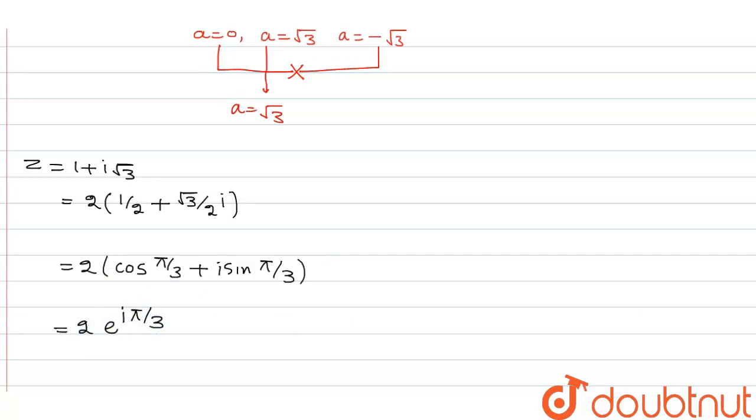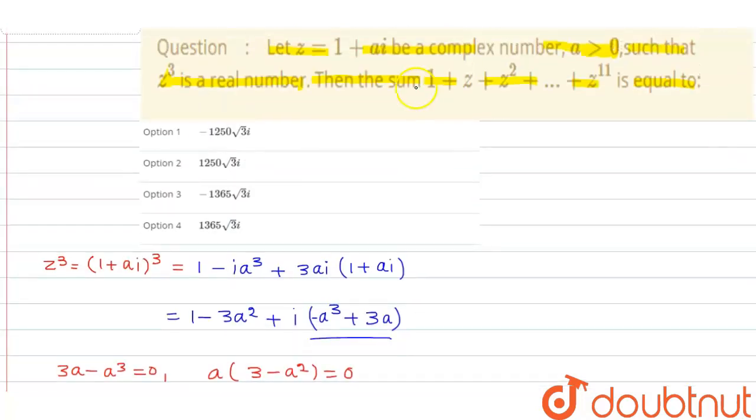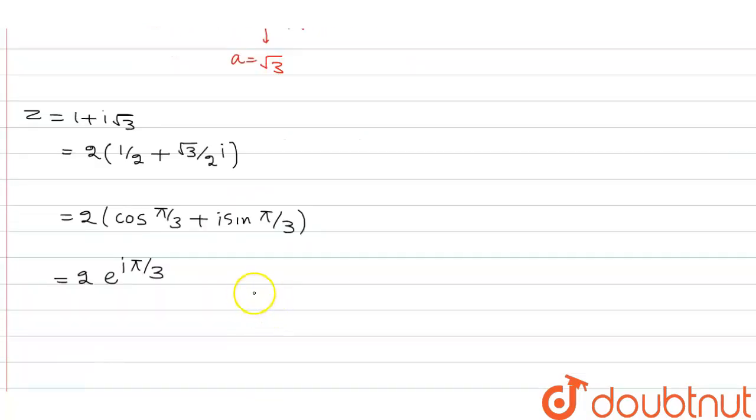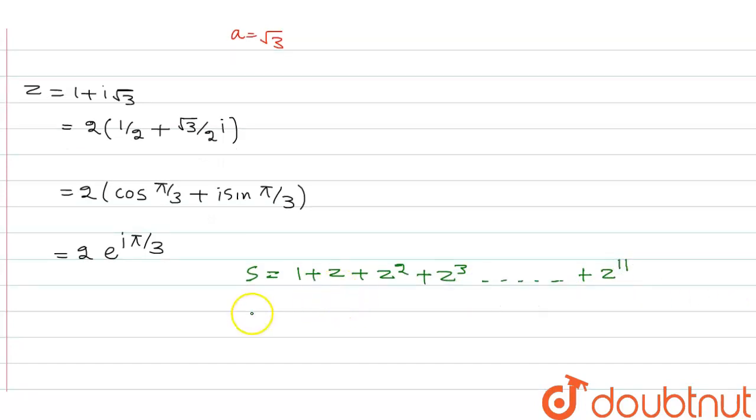Now what we need to find is the sum 1 + z² up to z¹¹. So basically we have the summation S = 1 + z + z² + z³ up to z¹¹. You can clearly see this is a GP, where r is z/1, that is z, and the first term a is 1. The total number of terms, starting with 1, then z, z², up to z¹¹, is N = 12.